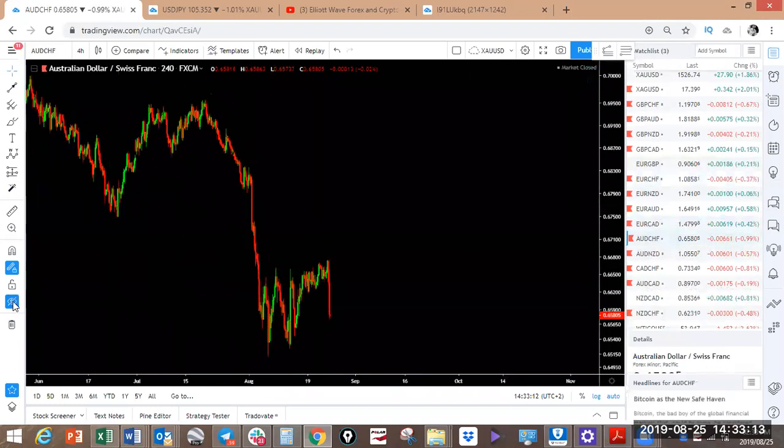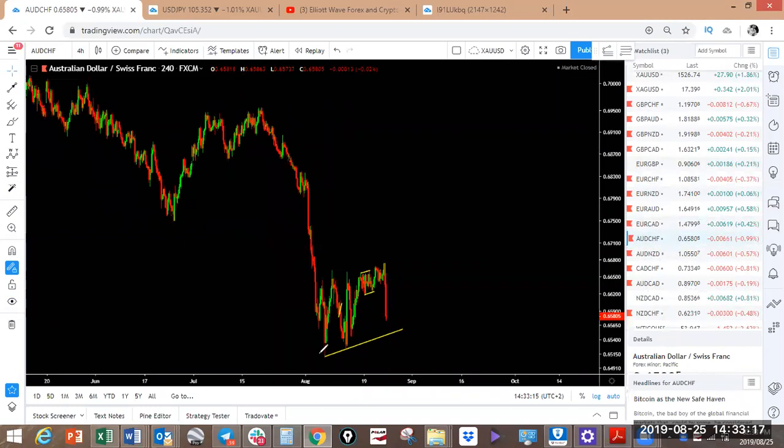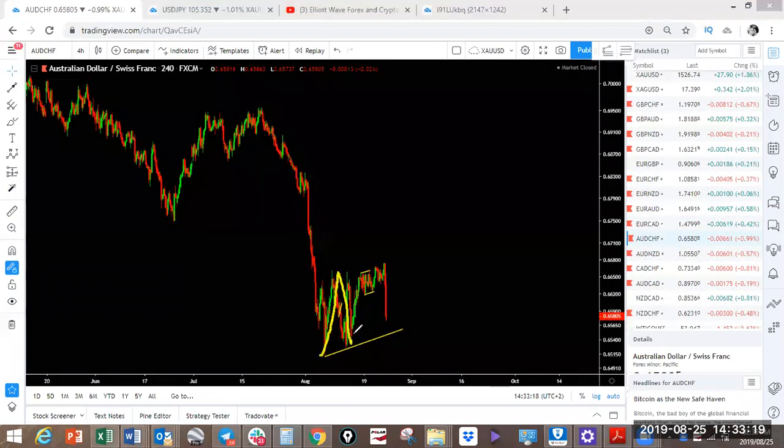AUDJPY. This has made a 3-wave move. Even though it looks funny here at the top, it is still a 3-wave move, and you're getting a push to the downside. This is how you track this. Now you're looking for this to push lower. All right.